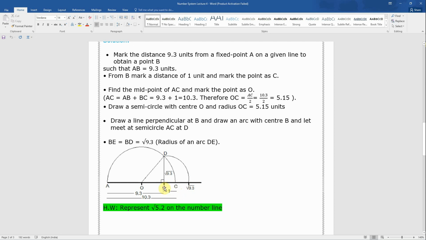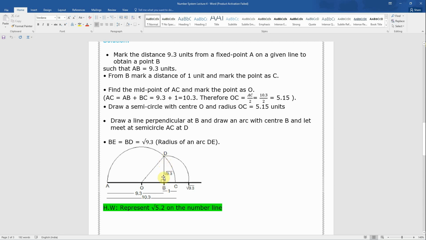Then we will draw one perpendicular at the point B, at 90 degrees, and extend the line. That line will cut the semicircle at the point D. Then the length BD will be the square root of 9.3.